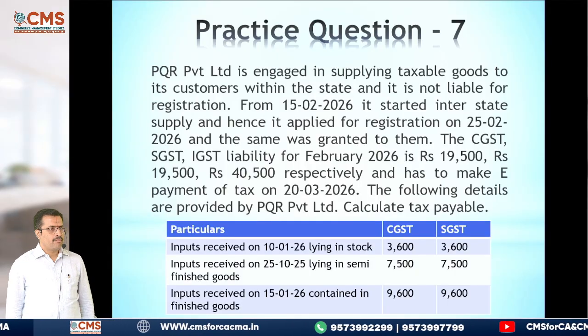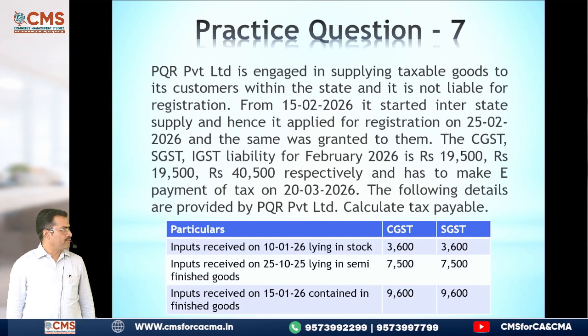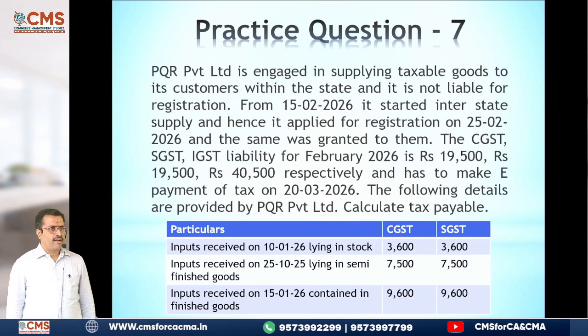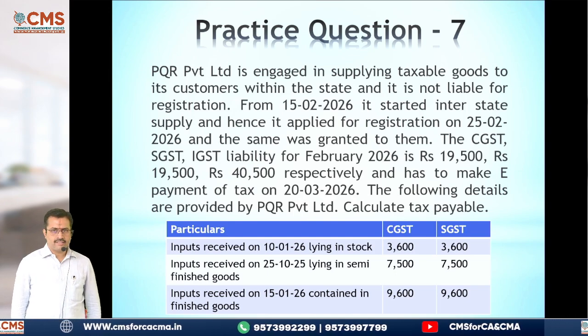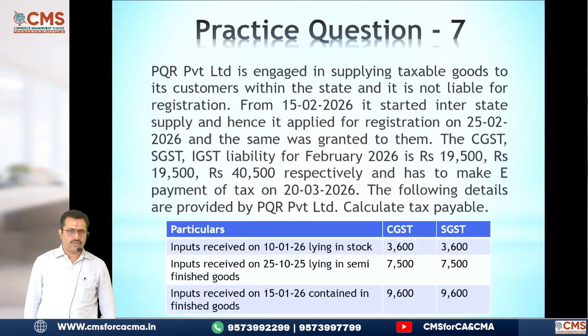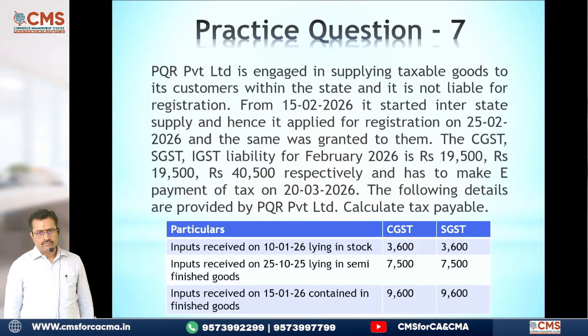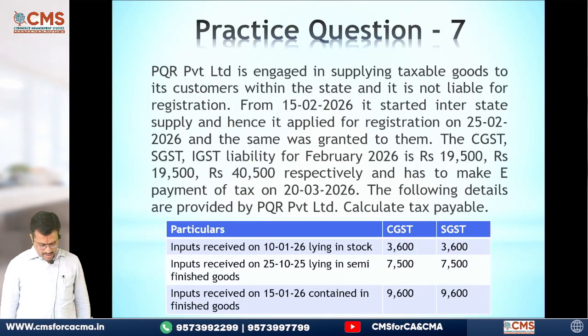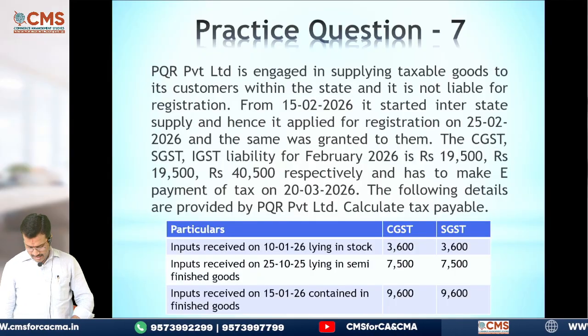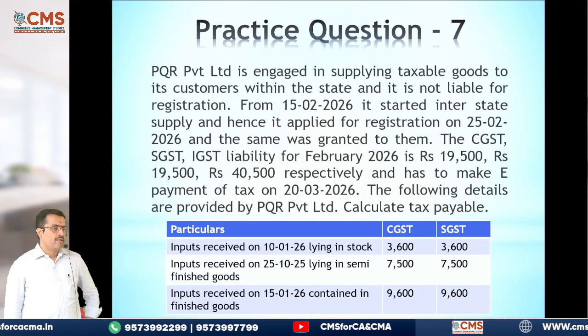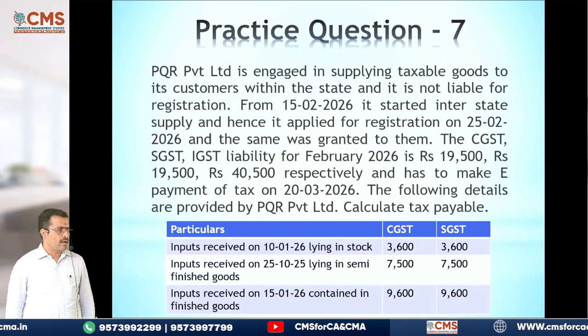What are the output liabilities? It is told already in the question, it's very clear. 19,500 CGST, 19,500 SGST and 40,500 IGST.